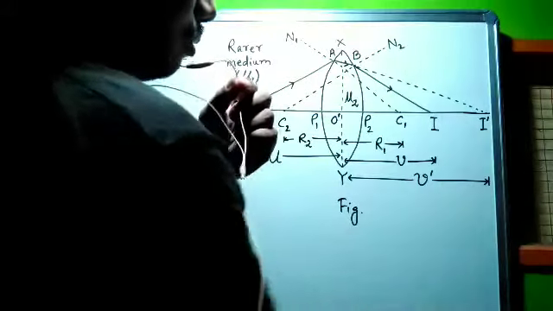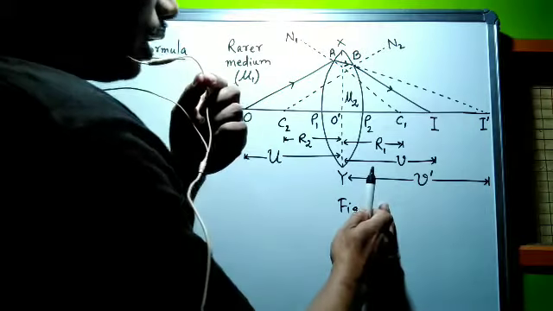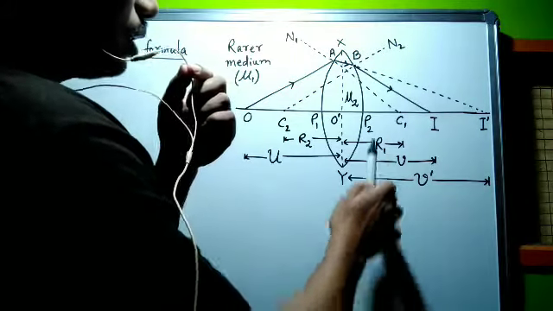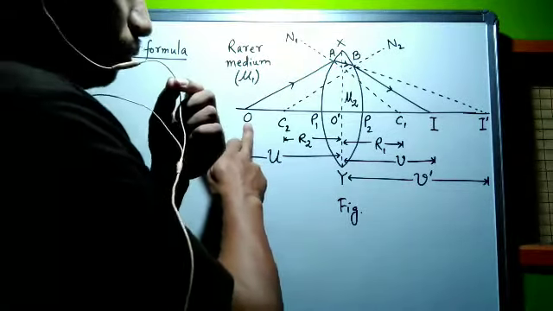So I1 represents the position of the image formed by the first spherical refracting surface XP1Y for the point object O.